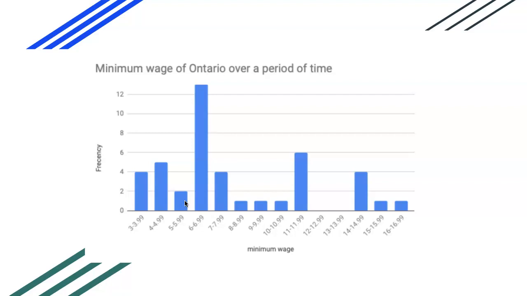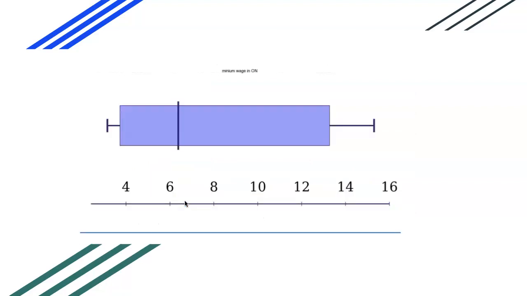But yes. Now let's move on to my box and whiskers graph. This is my box and whiskers graph for Ontario minimum wage. As you can see, most of the data here is beyond the mean, so it's in quadrants 4 and 5, and then we have maybe a little bit of an outlier, but not much.